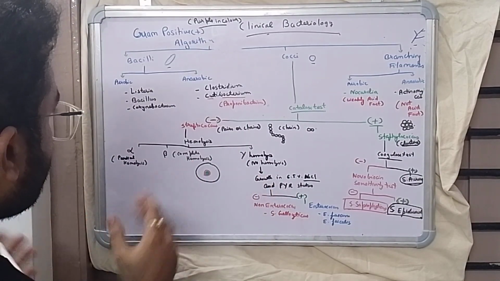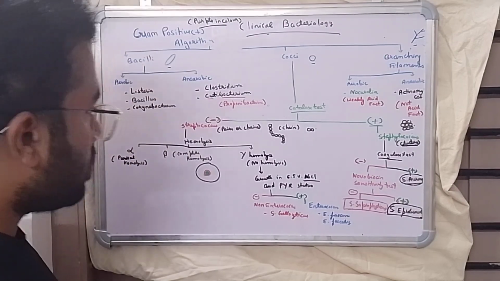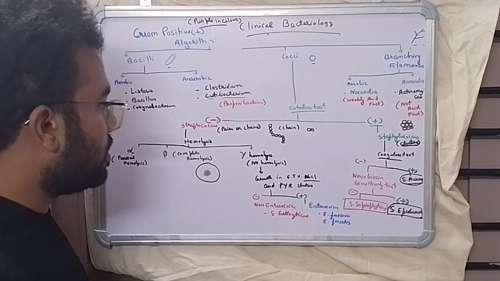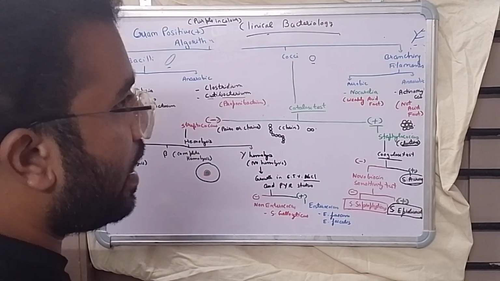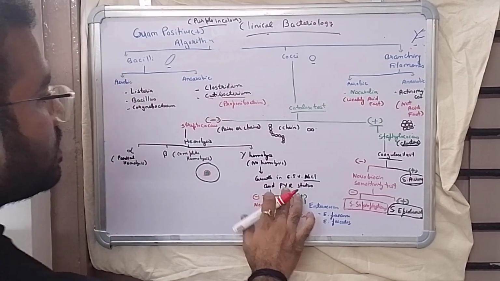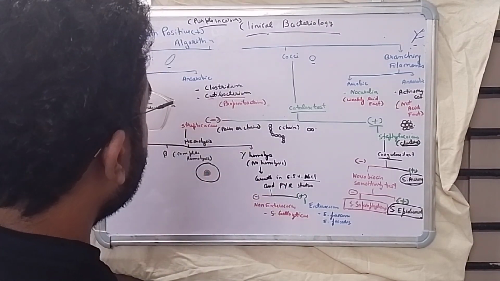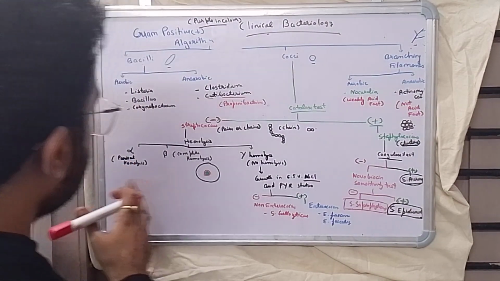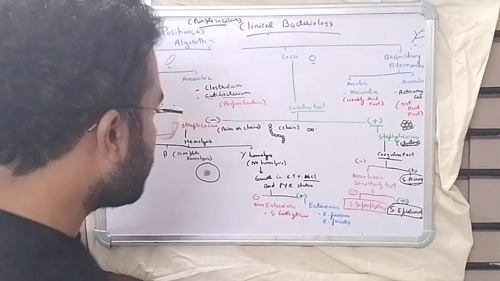Now we will go further to the beta hemolysis. Which bacteria support the beta hemolysis concept? For that we will differentiate by some test; PYR status will be common here. While for alpha hemolysis the tests will be optochin sensitivity and bile solubility.